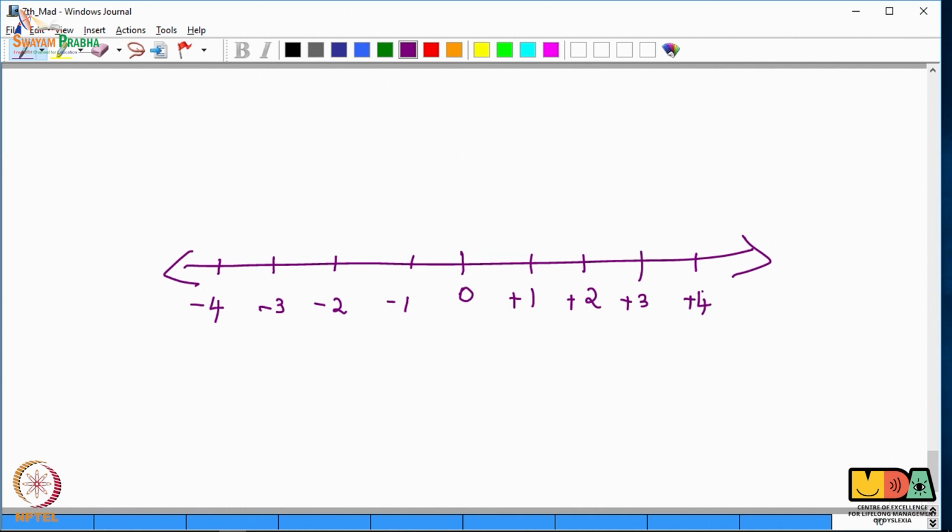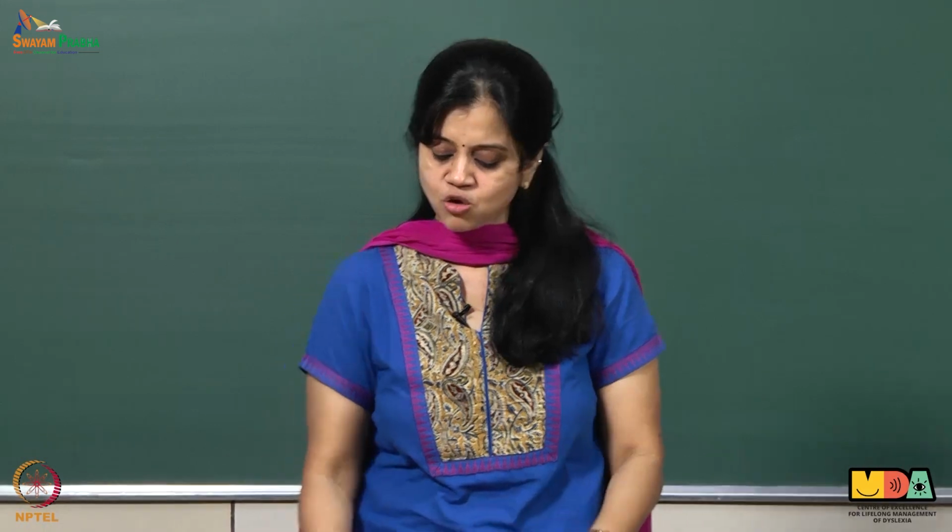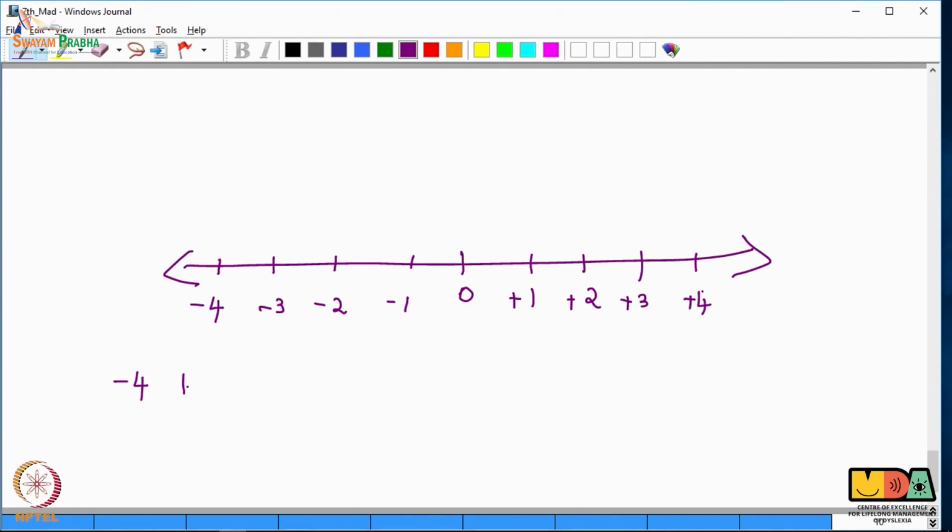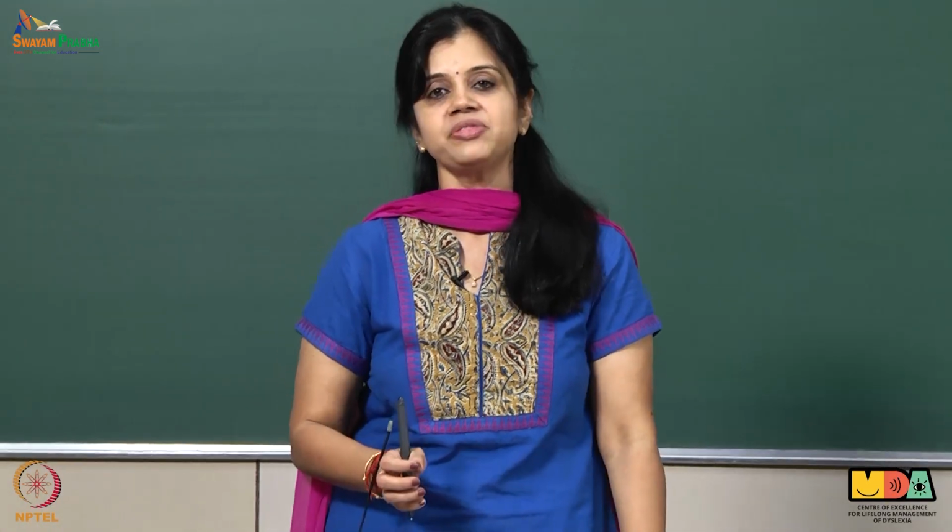And we also tell children, the more they move on to the right side, the numbers on the right side are of greater value when compared to the numbers on the left side. We also ask them to find out which is bigger. Is it -4 or is it 2? The child has to remember that 2 is on the right side and -4 is on the left side, and hence 2 is bigger.